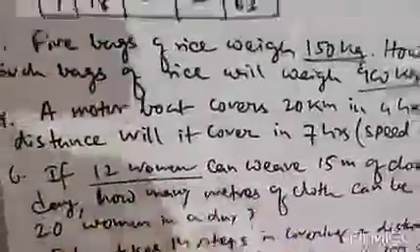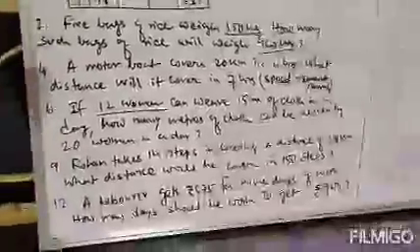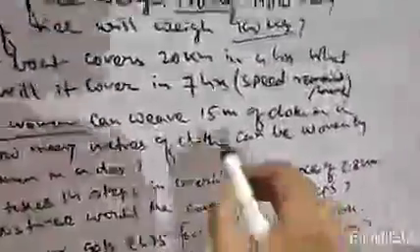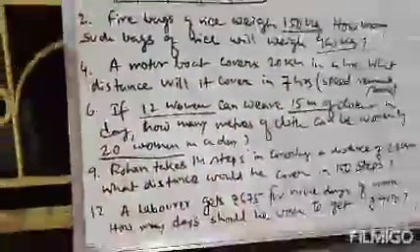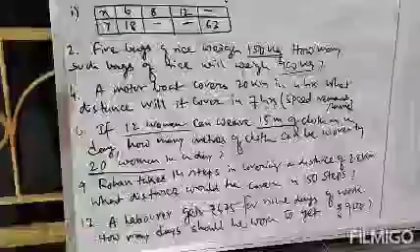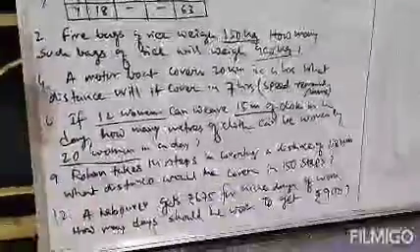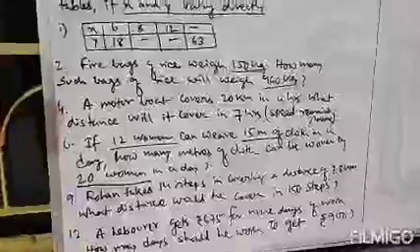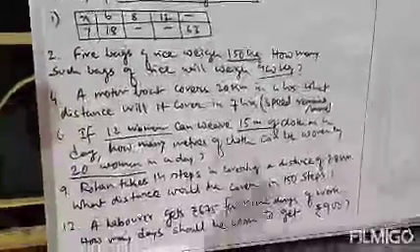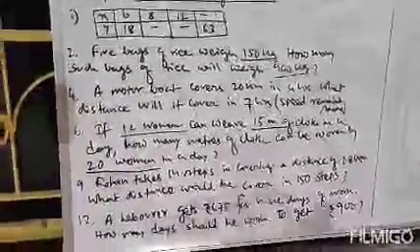Now the number of women is 12, and cloth woven is 15 meter. If the number of women becomes 20, that means the number of women increases. So if the number of women increases, then the cloth woven will also increase, because if 12 women can weave 15 meter of cloth, now 20 women will weave more than 15 meter.